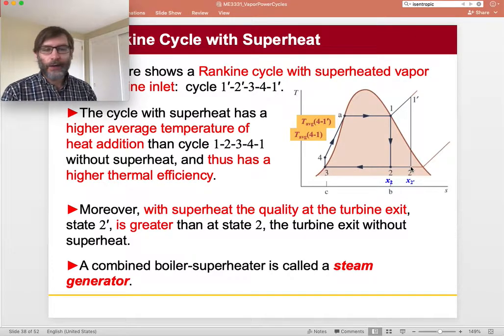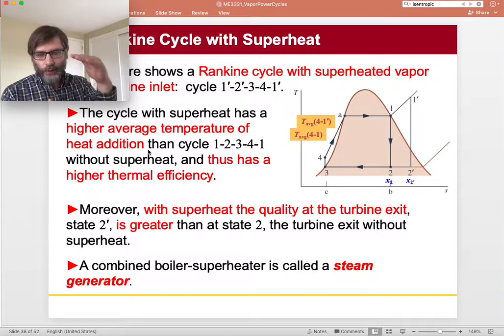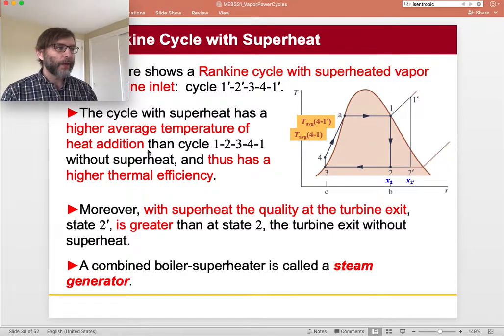So the TDS here also shows greater heat addition. You end up getting a higher average temperature of heat addition. If you think about it like a Carnot cycle, and the average temperature at the peak, TH, increases, you get higher efficiency. So that does definitely increase your efficiency. The average efficiency for a superheat cycle is much better.